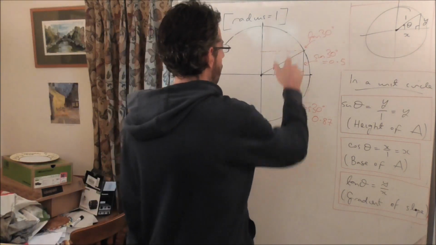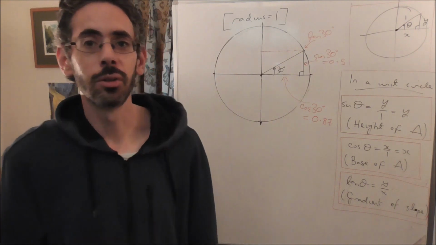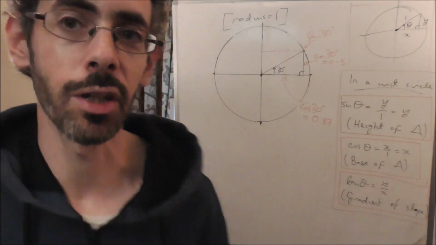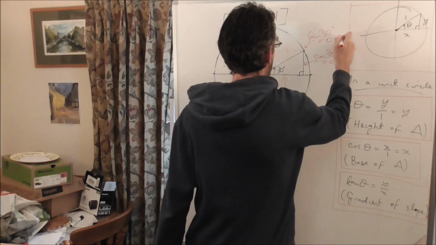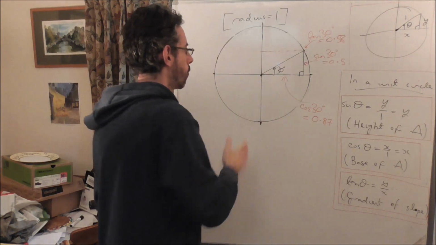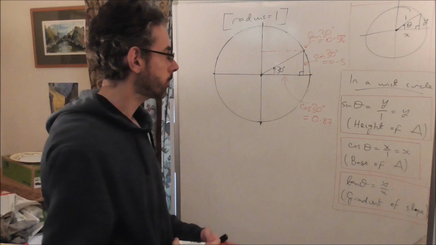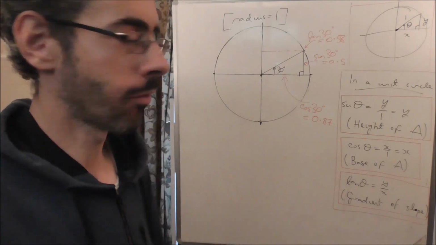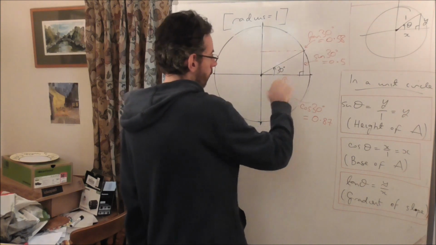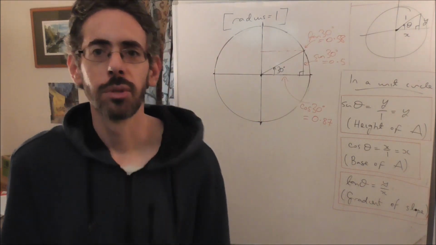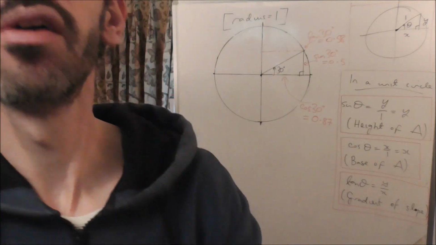But if you do tan 30 on your calculator, you get 0.58 to 2 decimal places. As long as you appreciate it's going to be less than 1, and a bit bigger than 0.5 because the height is more than half of the base. So, yeah. Let's do another angle.